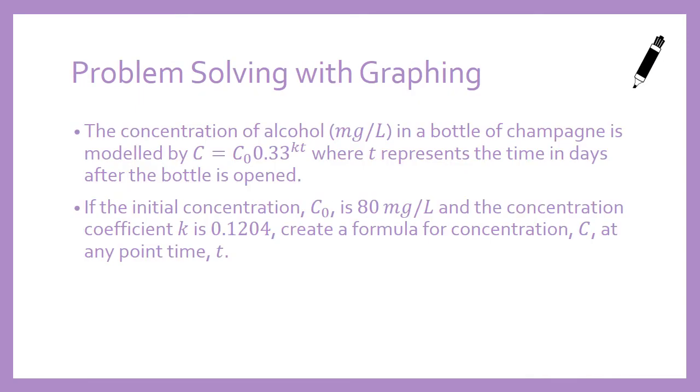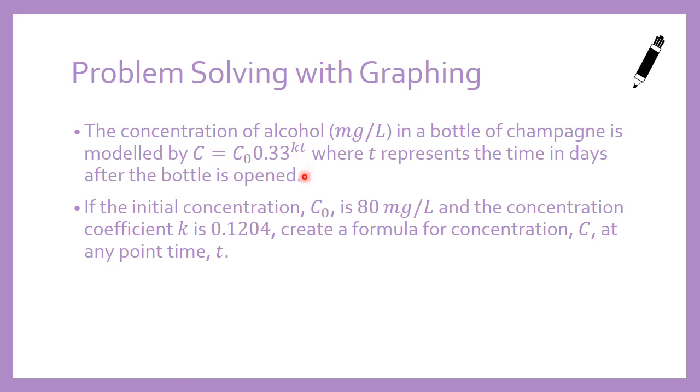Now we're going to work on some problem solving, and we're going to be using graphing. So the concentration of alcohol in milligrams per liter in a bottle of champagne is modeled by this function: C equals C0 times 0.33 to the power of KT, where T represents the time in days after the bottle has been opened.